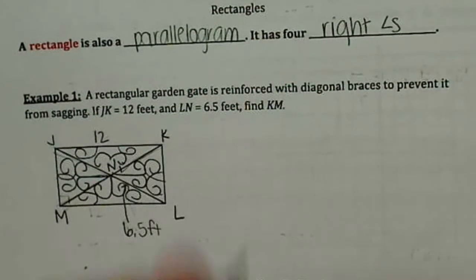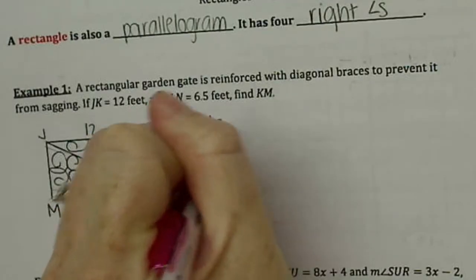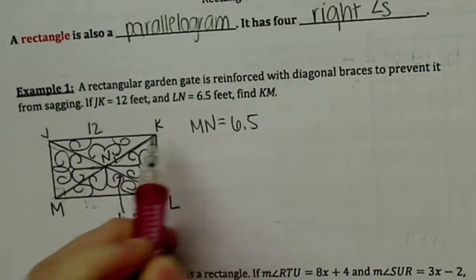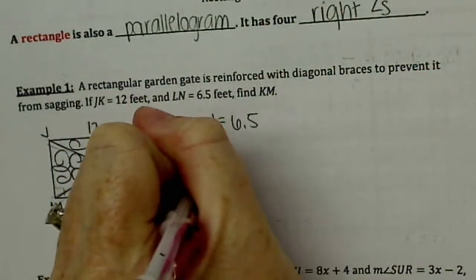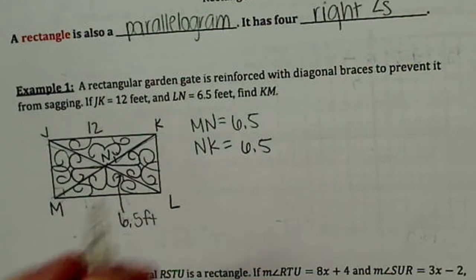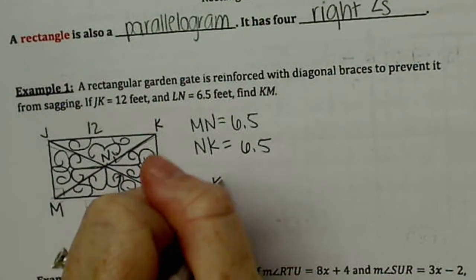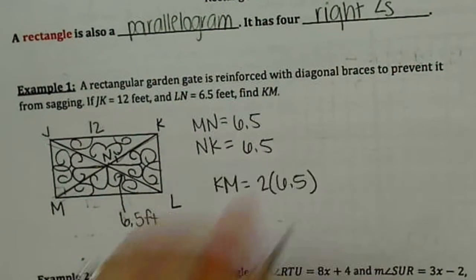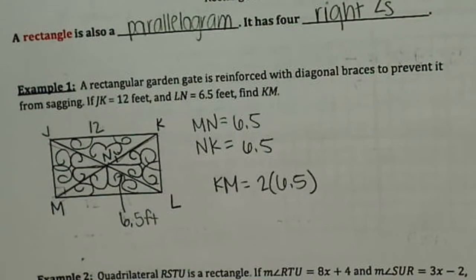So if MN is 6.5, and NK, this little piece right here, is also 6.5, how can we find KM? Multiply by 2, and we get 13 feet.